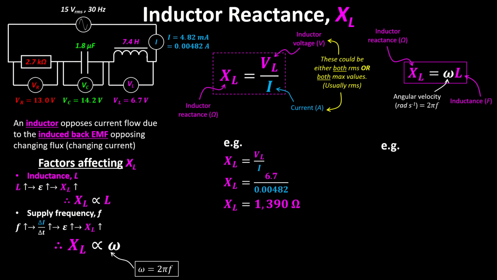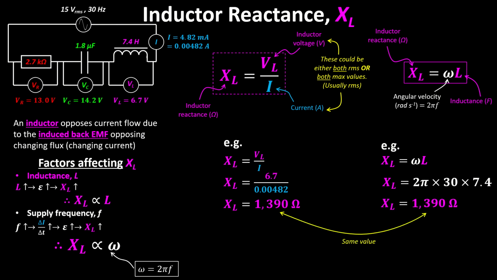So for example, XL is omega L, so typing the numbers we know, it's 2 pi times 30 hertz, and the inductance was 7.4 henries, which gives us a reactance of 1,390 ohms. Again, the same as before.